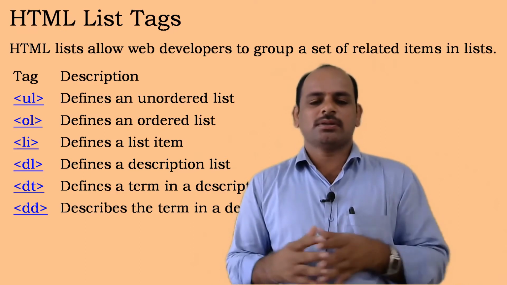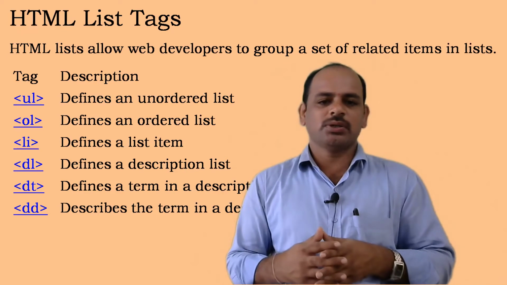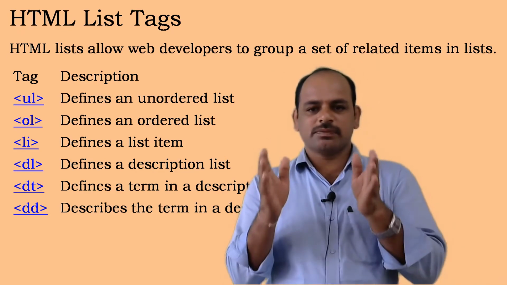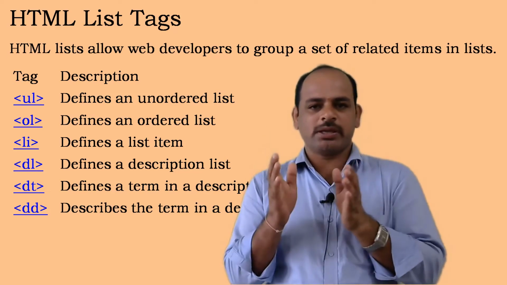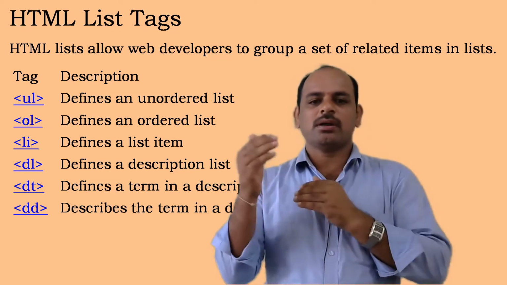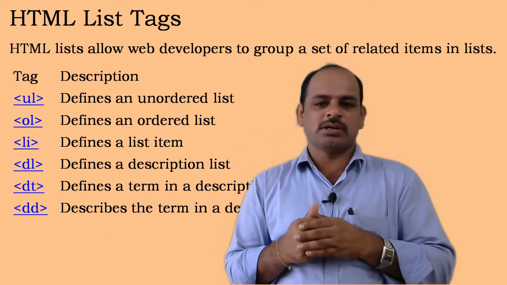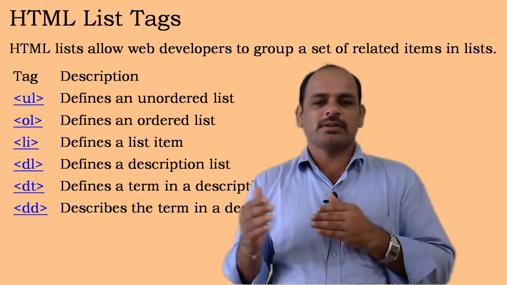Here there is a tag description. UL defines an unordered list. That means the list which you want to display may be ordered or unordered, that is, it may be in sorted or unsorted order. UL is an unordered list.